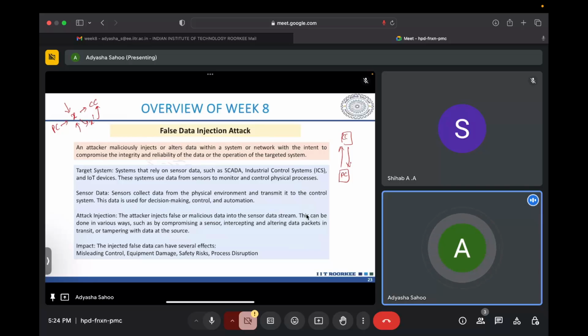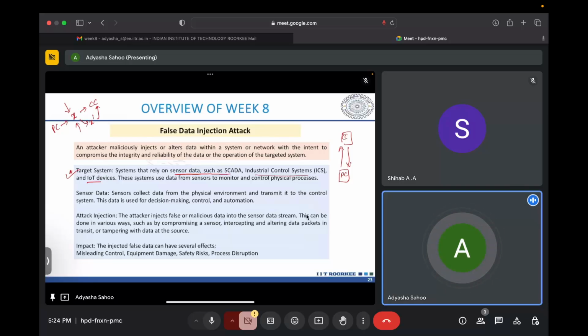So you have the target system. The target is the data that is coming from the sensors, such as your SCADA or your industrial control system or your IoT devices, intelligent devices. And these data are the target of this FDIA attack.